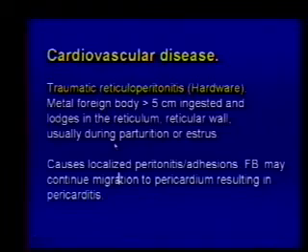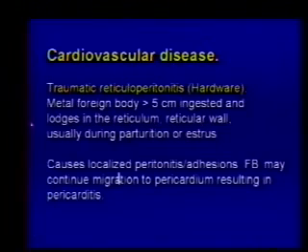Basically what happens is that this foreign object, this wire or this nail, penetrates the reticular wall or the rumen wall, and it may extend into the diaphragm, or it may penetrate through the diaphragm and lodge itself into the pericardium. So it can manifest itself in different situations.